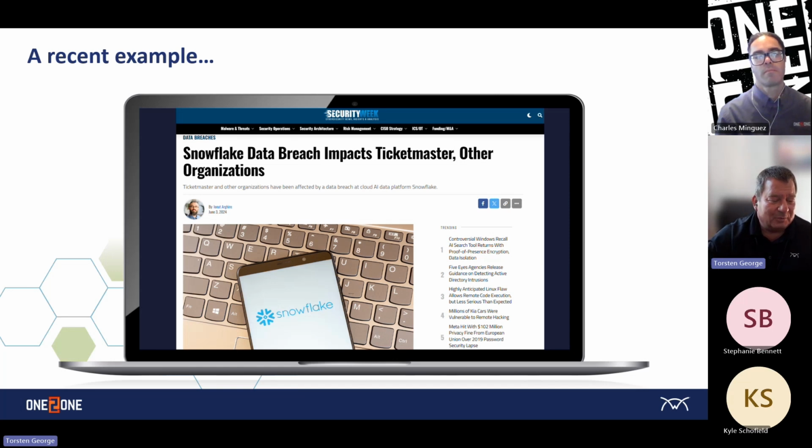And so this is the reality, and a recent example is the Snowflake data breach. If you were a Ticketmaster customer, you've definitely heard about it. My wife had tickets for a pop concert, and suddenly she got an alert that her tickets got transferred, even though she didn't transfer them. They were no longer available.